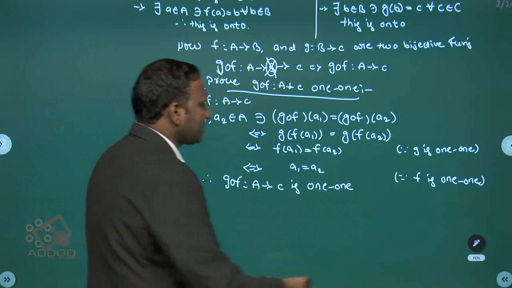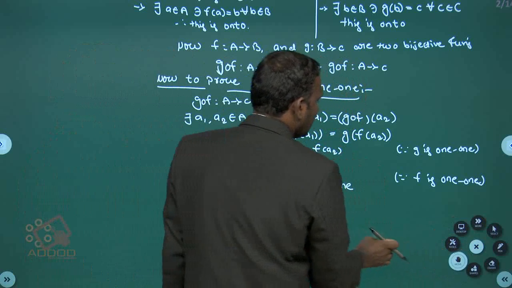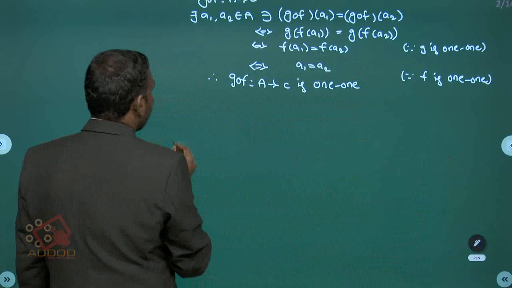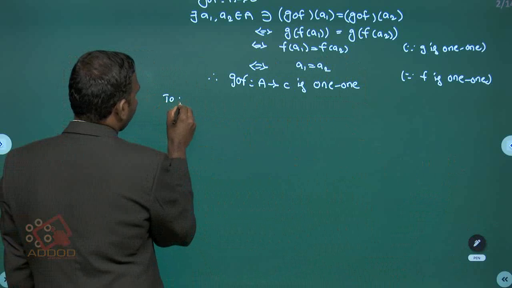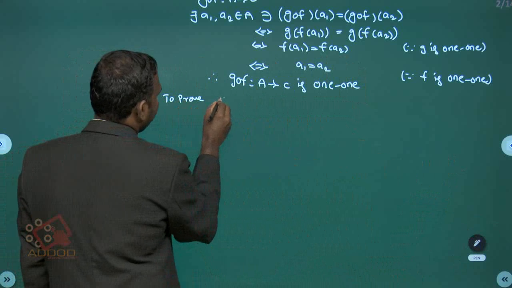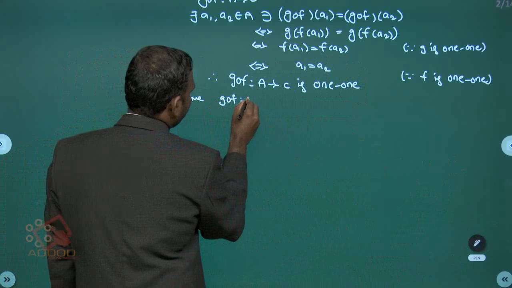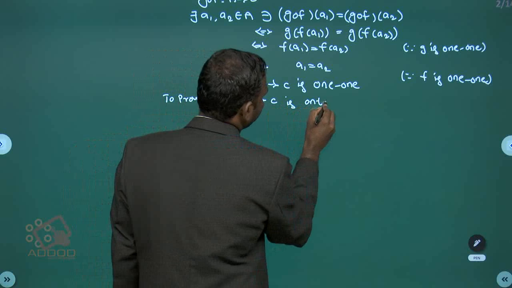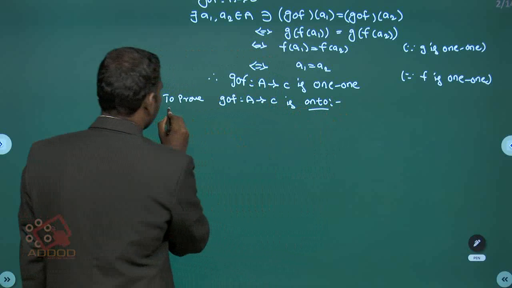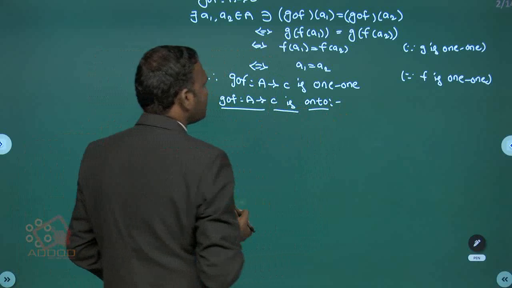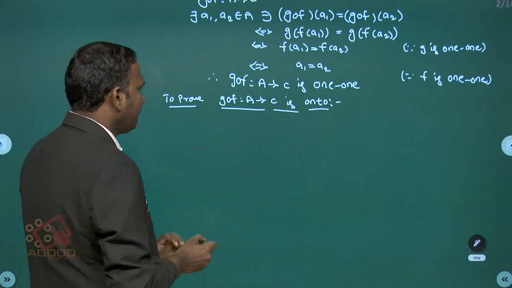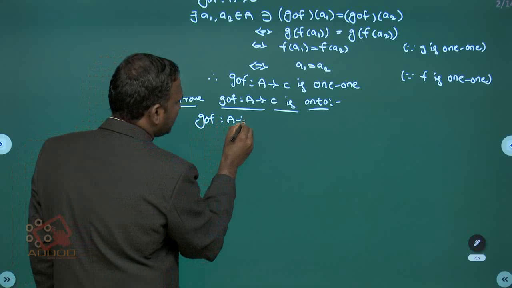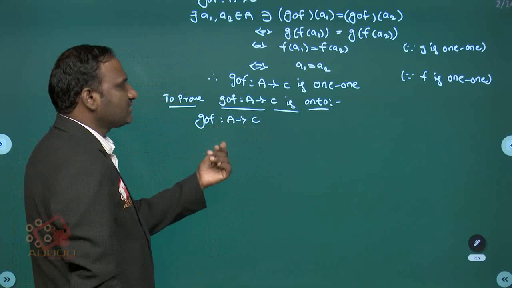Now to prove G circle F from A to C is onto, that is what we need to prove now. For that, I am taking G circle F from A to C. Who is our domain?